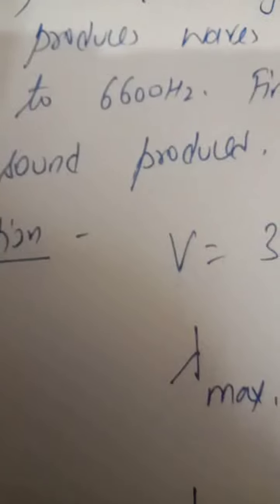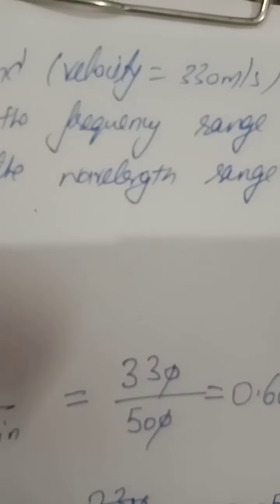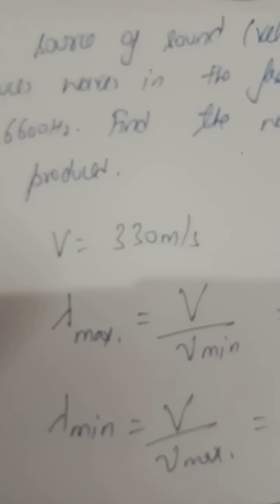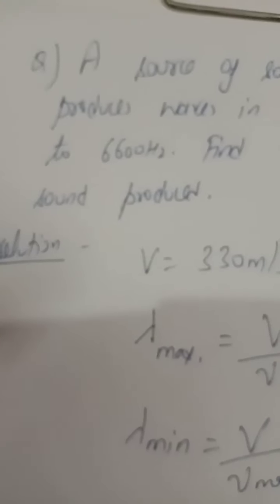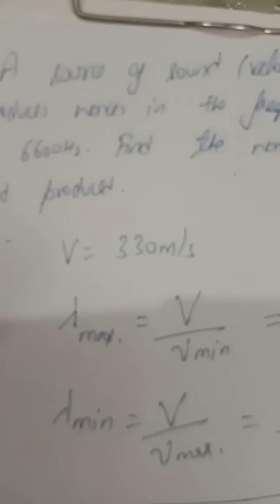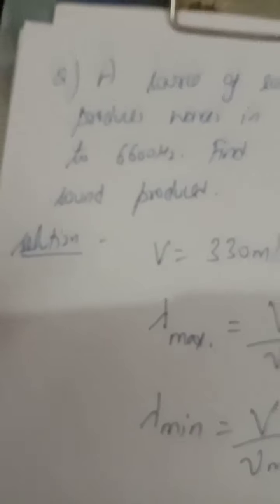So what they have given you in this numerical is that a source of sound whose velocity is 330 meters per second produces waves in the frequency range 500 hertz to 6600 hertz. You have to find the wavelength range, meaning they have given two frequency values.